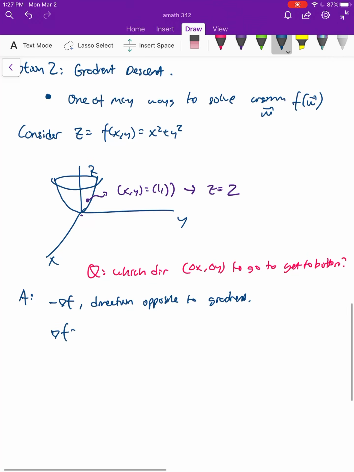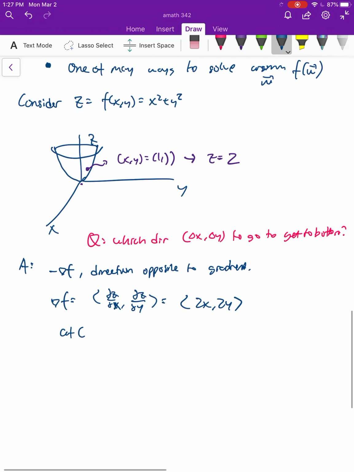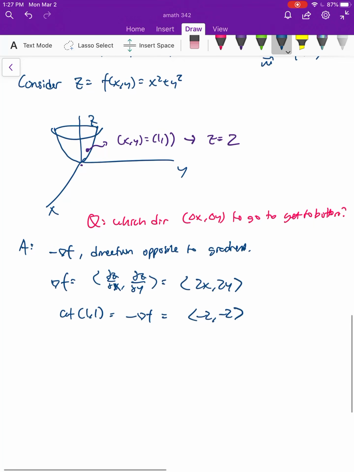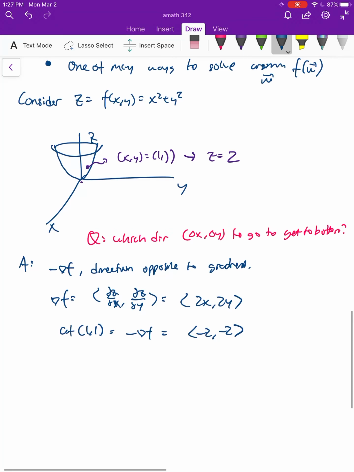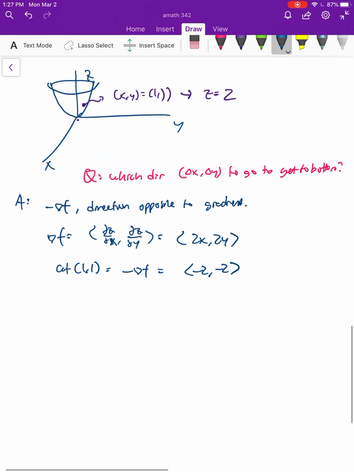And so let's just do the math real quick. The gradient of f is dz/dx and dz/dy, which gives you 2x and 2y. And at 1, 1, what does this give you? Negative gradient of f is equal to negative 2, negative 2. And so you will try to move this way.